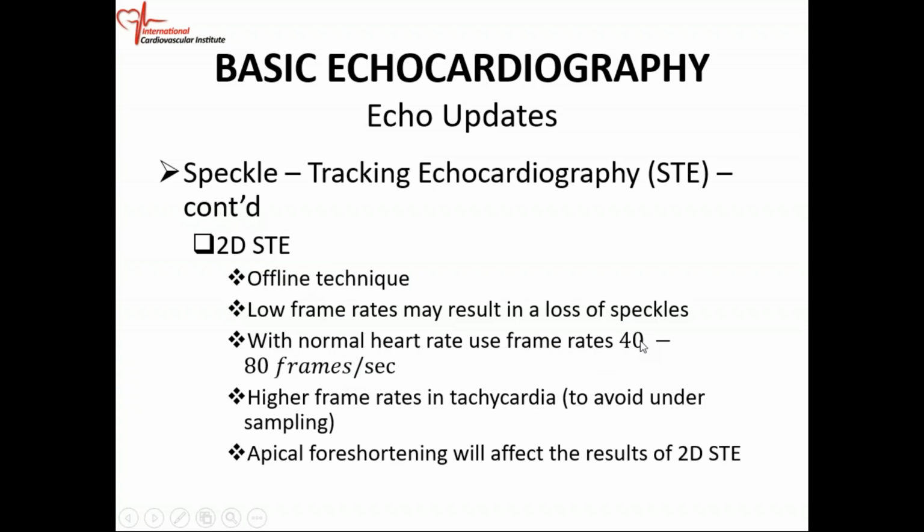With higher frame rates in patients with tachycardia, you probably want to use higher frame rates, and if the patient is very tachycardic, you might even want to use tissue Doppler imaging as your tool for doing strain.